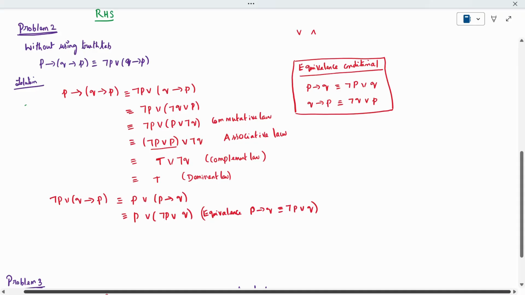Next step, I will change the bracket, associative. So P is disjunction to negation P disjunction Q. It's associative. Next step, this is nothing but true disjunction Q by the complement law.